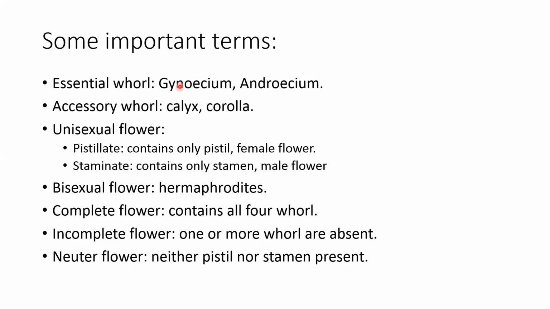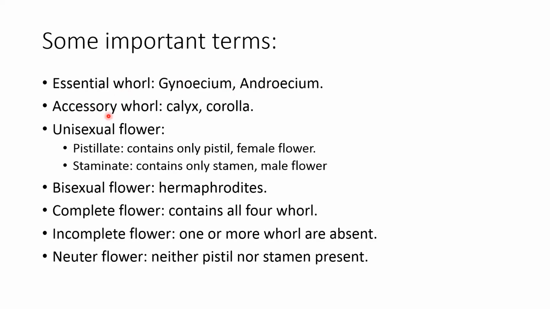They are gynoecium and androecium. Gynoecium forms female gamete, androecium forms male gamete. So they are directly involved in the sexual reproduction, since without the gamete, sexual reproduction can't take place. That's why they are known as essential whorls.